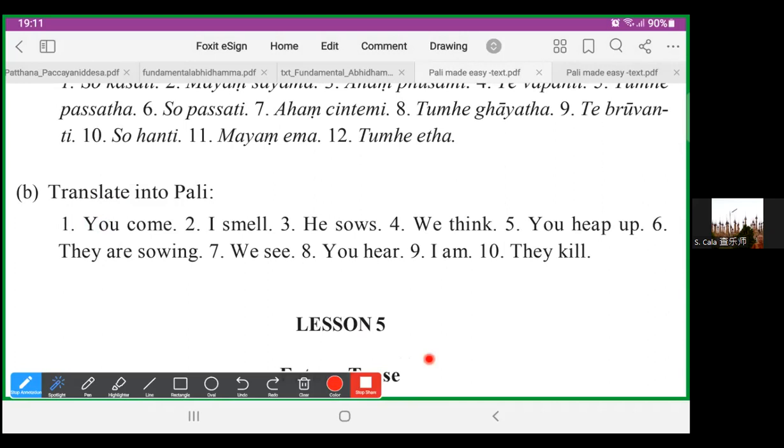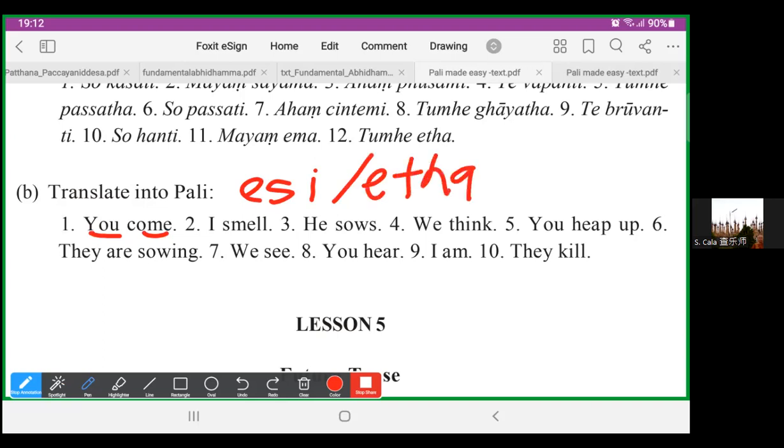Okay, so "you" means tuam or tumhe. It can be male, singular or plural, right? Then "come" is what? Come is gaccha, a, ac or AC, eta.